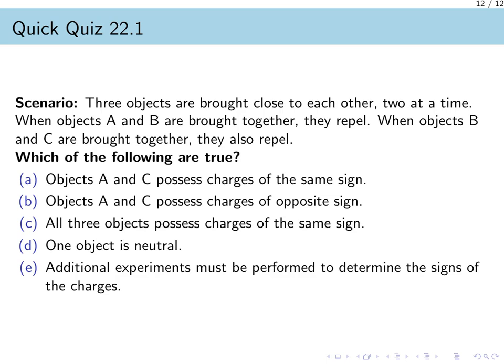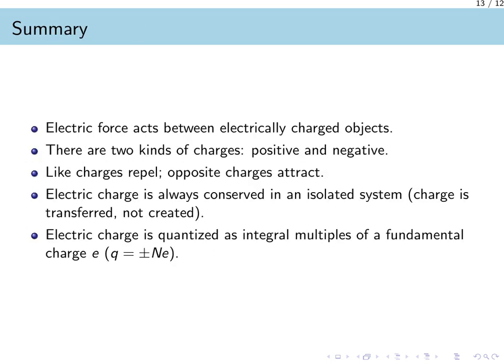Based on our established rule that only like charges repel, we know that objects A and B must absolutely share the same sign, and objects B and C must also share that same sign. Therefore, all 3 individual objects must possess charges of the exact same sign. This tells us that statement C, stating all 3 possess charges of the same sign, is the correct and true conclusion to draw.